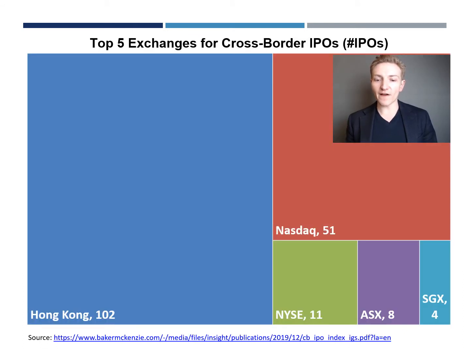Now, in terms of the top 5 exchanges, in terms of the number of IPOs, the order changes a little bit, in fact. Hong Kong is still in the top. NASDAQ and NYSE still place after this, but the ASX also appears in our top 5 here.